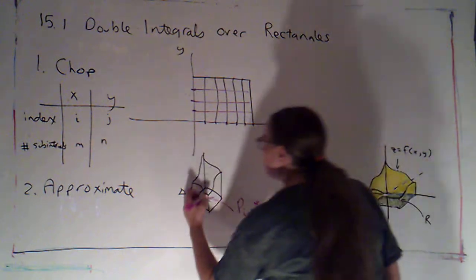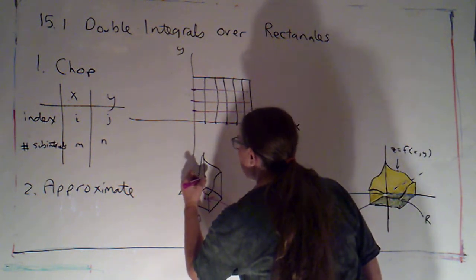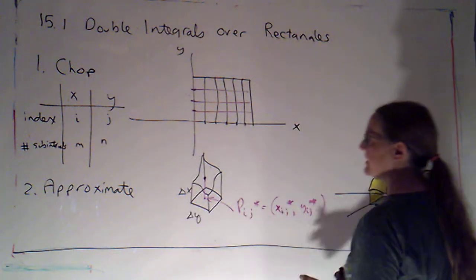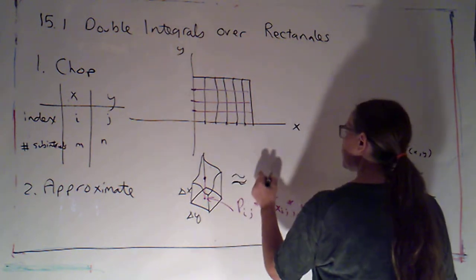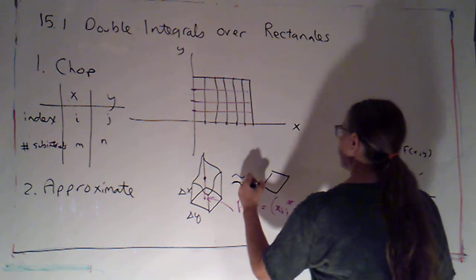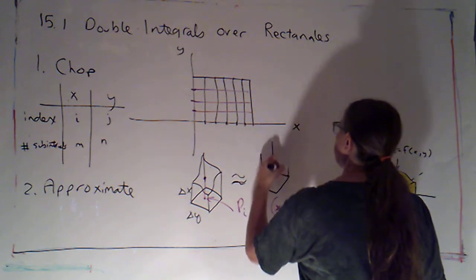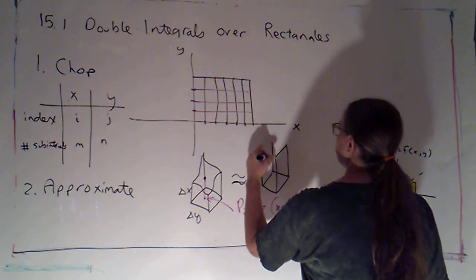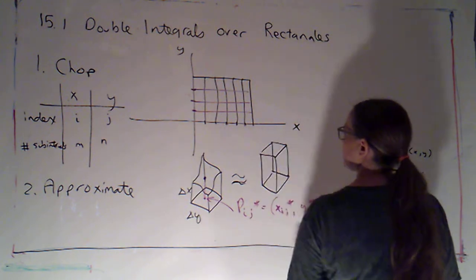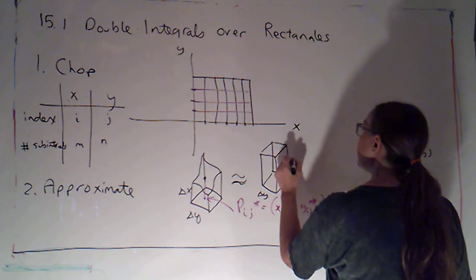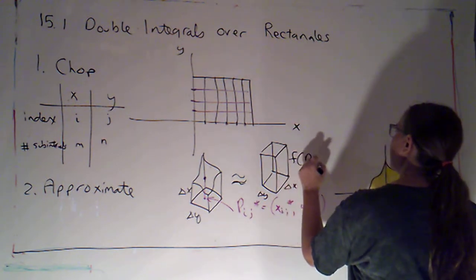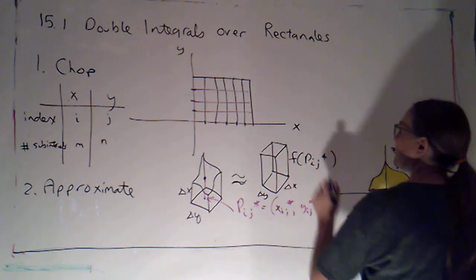Okay. So there's going to be some height, some z value at that particular point. And so what I'm going to do is approximate this volume with the volume of something that has a constant height equal to the value at Pij star. So I would have delta x, delta y, and then the height is just f evaluated at Pij star.